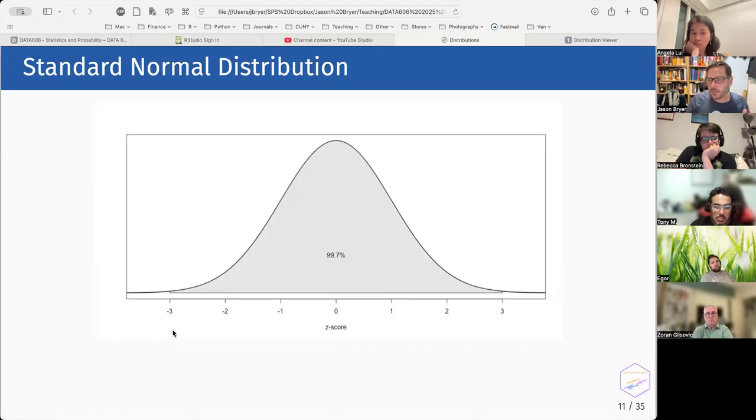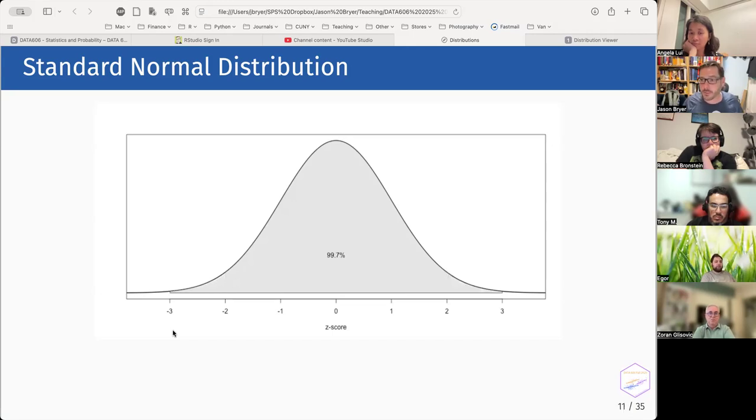So I ask that question: how far away from zero do we need to be before we think maybe this coin isn't fair? So you have to set your threshold. If you want to be 95% sure the coin is fair, then you would say anything more than two standard deviations away, I think this coin is not fair.